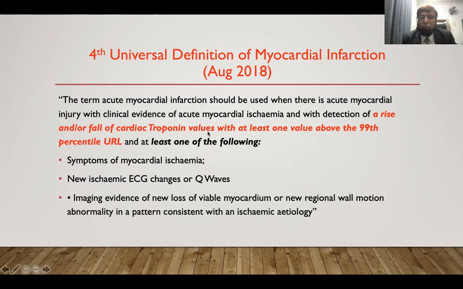So presence of rise and/or fall of cardiac troponin is essential for the diagnosis of MI. But there may be one more thing present, and either of these 3: symptoms of MI, new ischemic ECG changes, and imaging evidence. So this is very important: now troponin defines myocardial infarction.